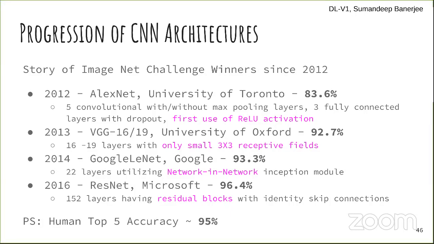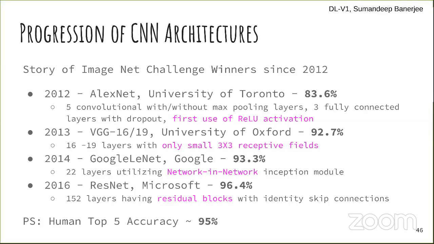So top 5 accuracy. AlexNet was the first convolutional neural net to successfully beat other traditional machine learning algorithms like SVM, which had been winning the competition before. It was the key point where convolutional neural networks really took off. It got everybody's attention.